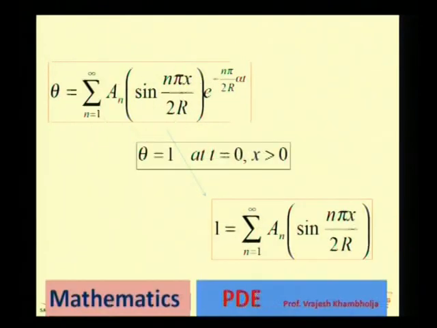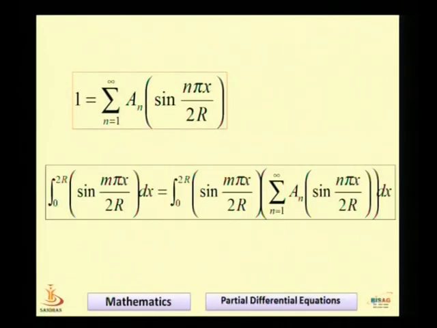Okay. So comparing these, now we use the boundary condition theta equal to 1 at t equal to 0 when x greater than 0 in this solution, and we have 1 equal to summation a_n sin n pi x by 2r, n equal to 1 to infinity. So using this, we just integrate over the region 0 to 2r.